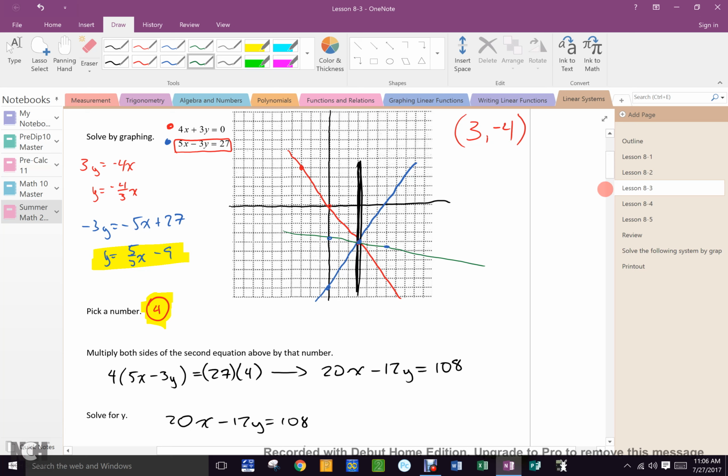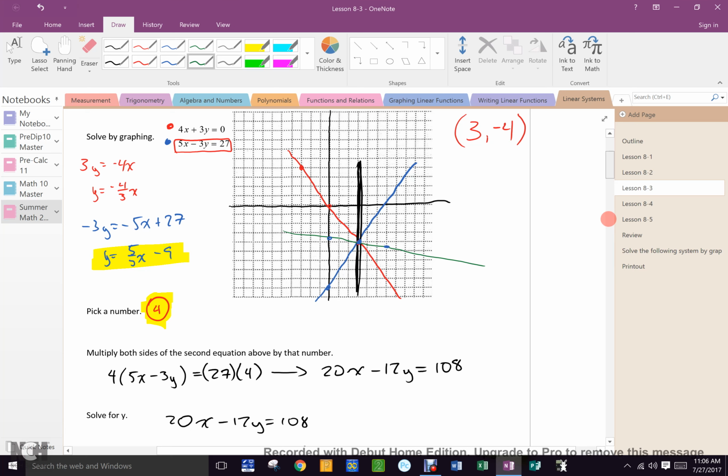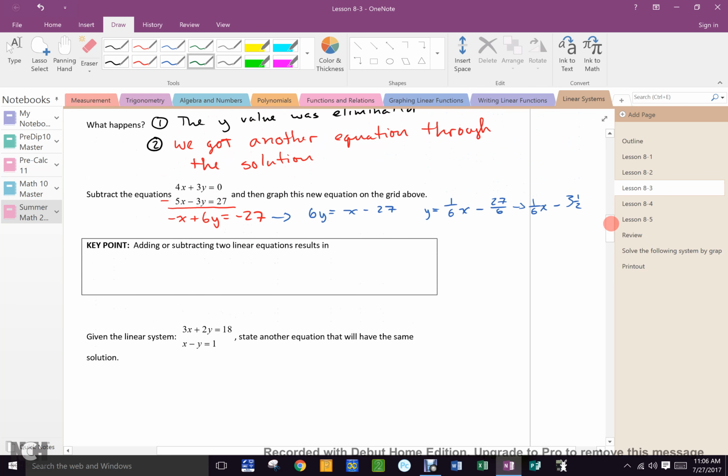So what does that tell us? Eventually, that is what it will tell us, Ekdeep, when I can slide down to write again. Adding or subtracting two linear equations results in more equations that still share the same solution.